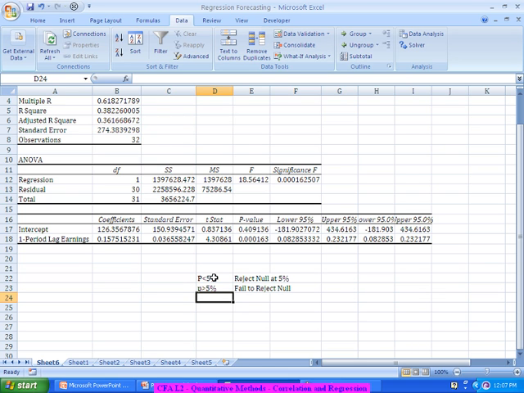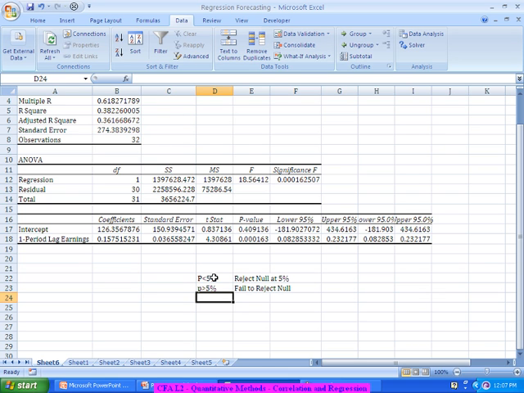So in this case, if my confidence level is 100 minus 0.01%, which is 99.99% and above, then I will fail to reject this null hypothesis.